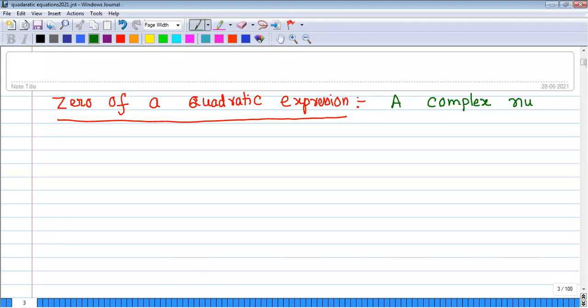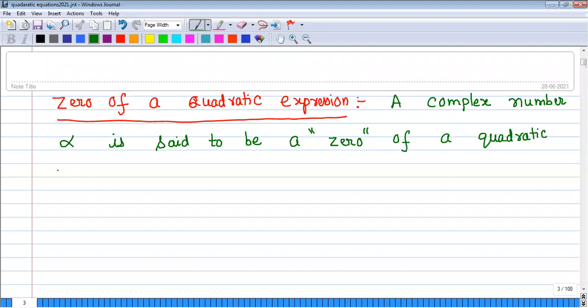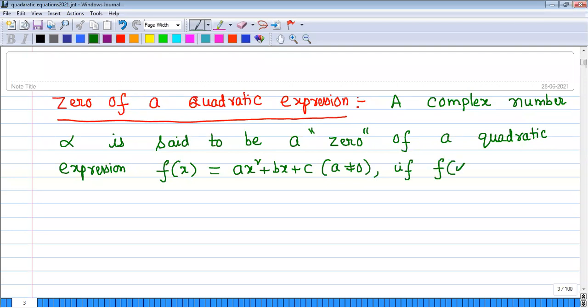A complex number alpha is said to be a zero of a quadratic expression f of x is equal to ax square plus bx plus c, where a does not equal to 0, if f of alpha is equal to 0, or we can write a alpha square plus b alpha plus c is equal to 0.